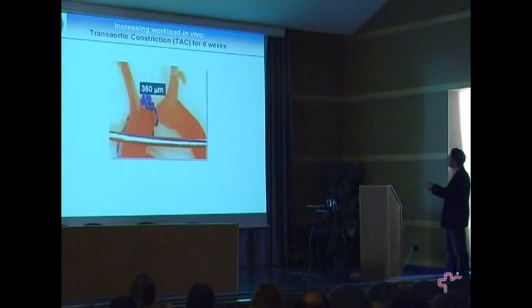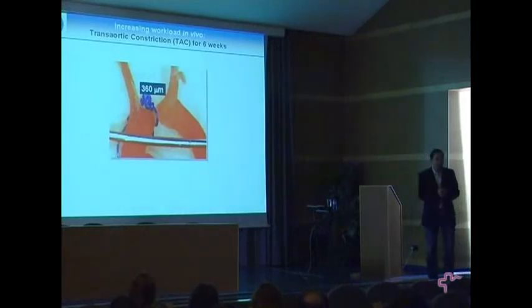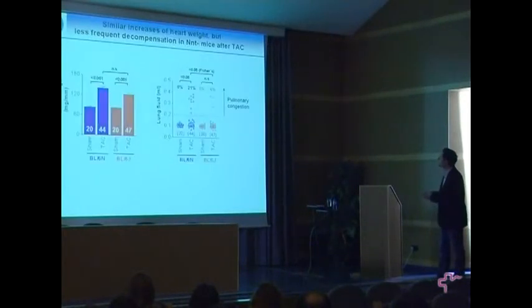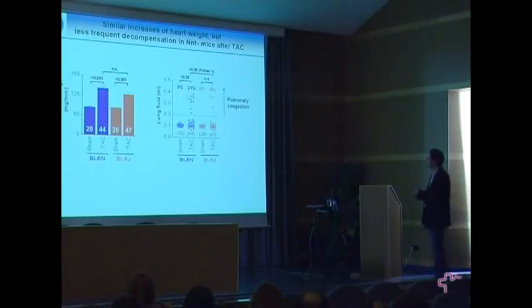So in vivo, what you can do is an aortic banding in an animal to increase the workload without primarily affecting calcium homeostasis necessarily. And we did this. So we did aortic banding in the N and the J mice, and we followed them for 6 weeks. And after 6 weeks, we analyzed them. So we had similar increases in heart weight by tibia length ratio.